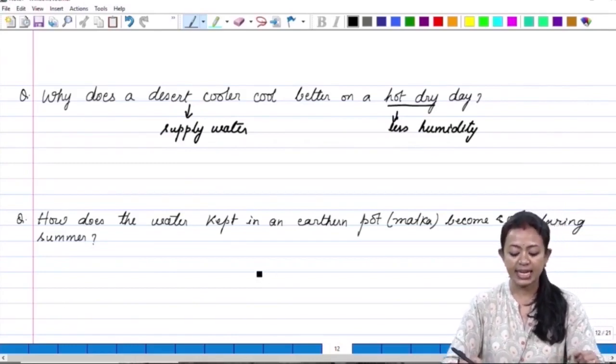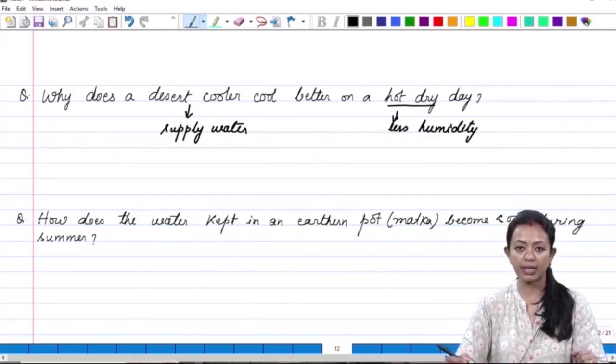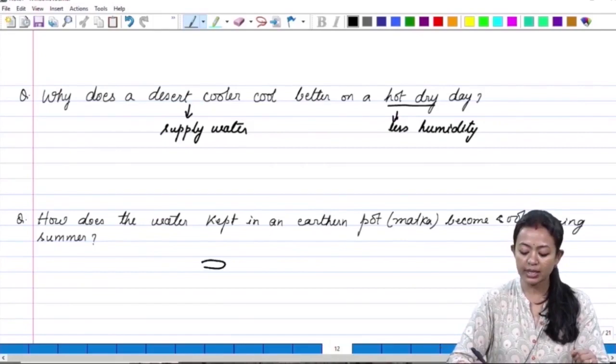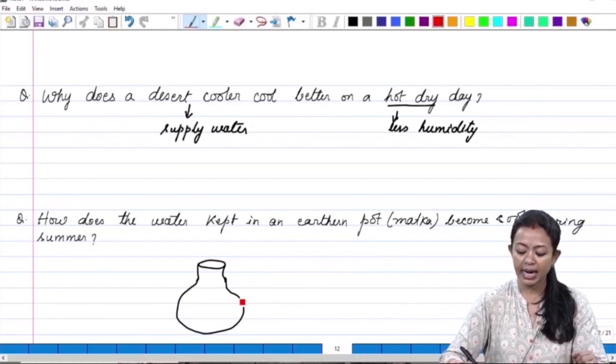Okay, next, let's go to the next question. How does the water kept in an earthen pot become cool during summer? Now what happens when you take an earthen pot? For instance, if I draw an earthen pot, we know that it is made up of baked mud. So there would be very tiny holes in it.